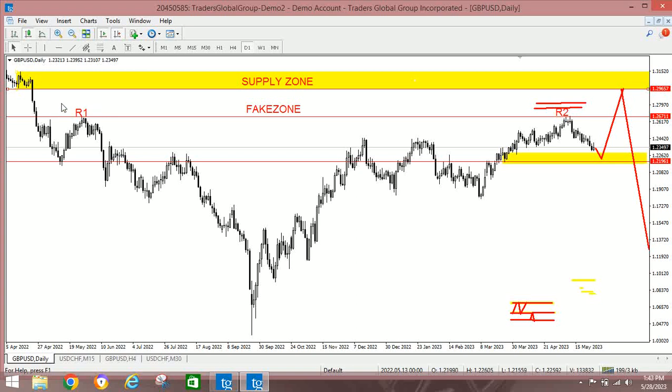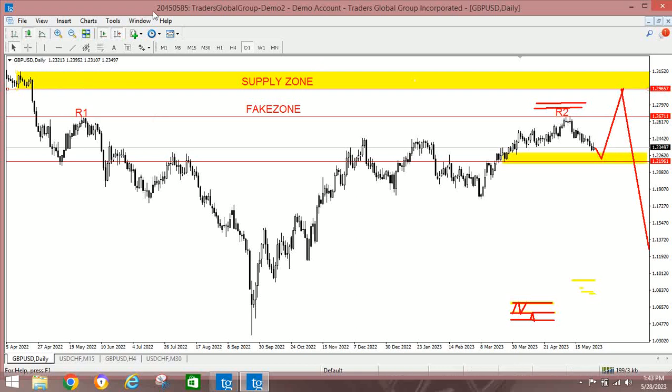Right? So this is a nice setup. This is what might happen. So there's a lot of stop loss happening above this resistance. So this is where the price might actually respect and then decide to go down again. So this looks very nice. This is a very nice setup for the pound dollar. Right? So this is a very nice setup.